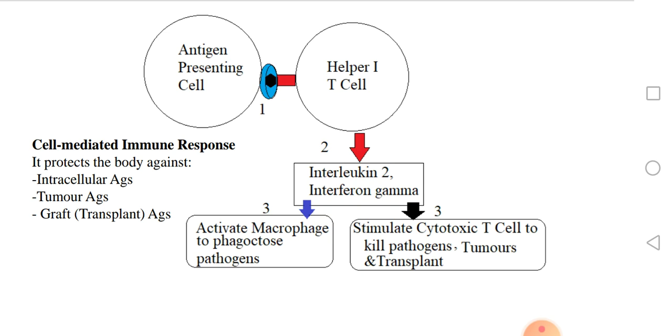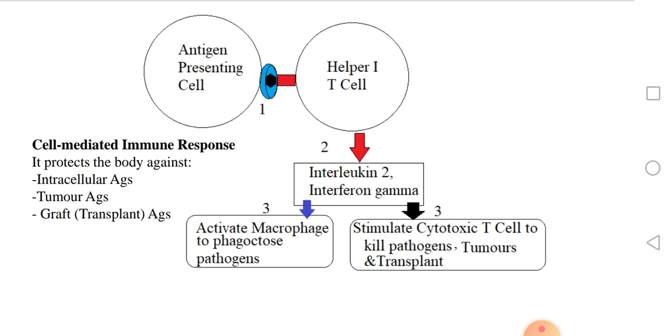The action of these cytokines here, look at the 3 on the left hand side. Activation of the macrophages to phagocytose the invading pathogens. So the macrophages are going to be aggressively phagocytic.